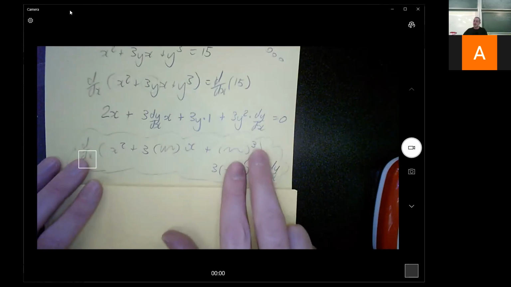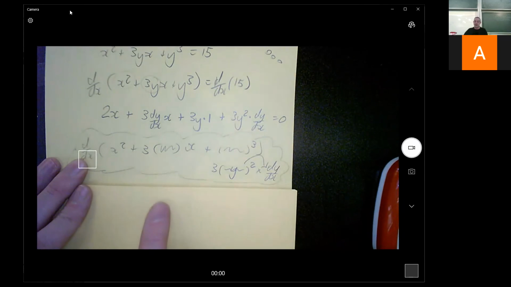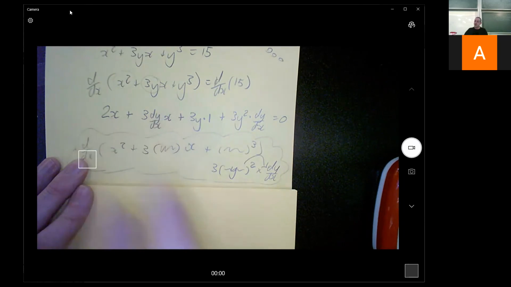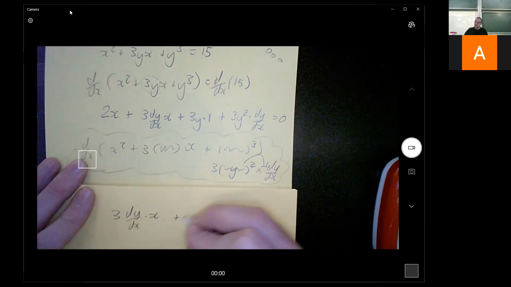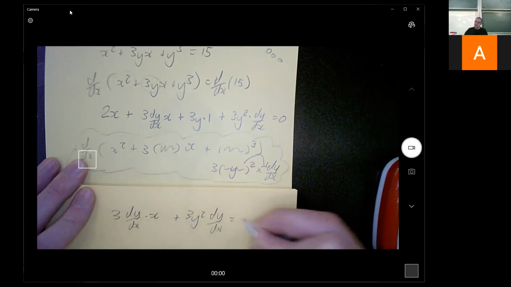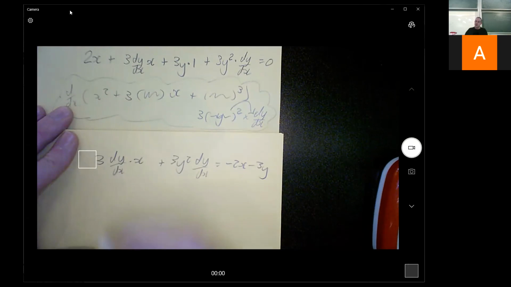And now the goal is to get dy on dx equals, and so what I'm going to do is rearrange this formula to get dy on dx equals. So I'll remove the bits that don't involve dy on dx and put them over there. And then I'll notice that these both have a dy on dx, so I'll factorize that out.